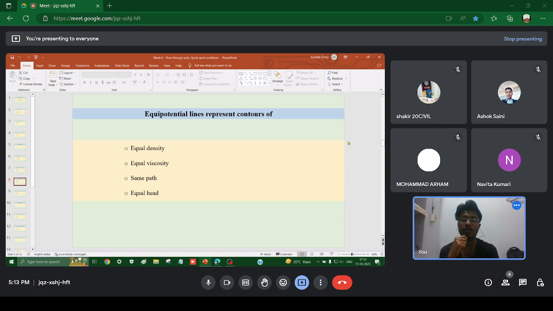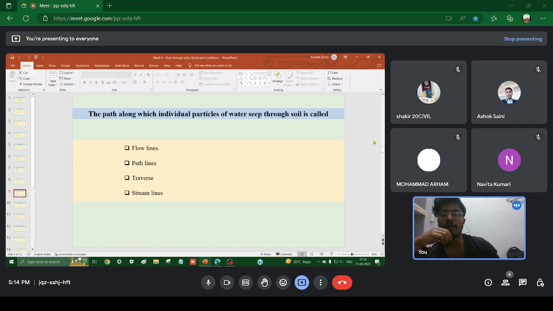The options are equal density, equal viscosity, same path, or equal head. Next question.